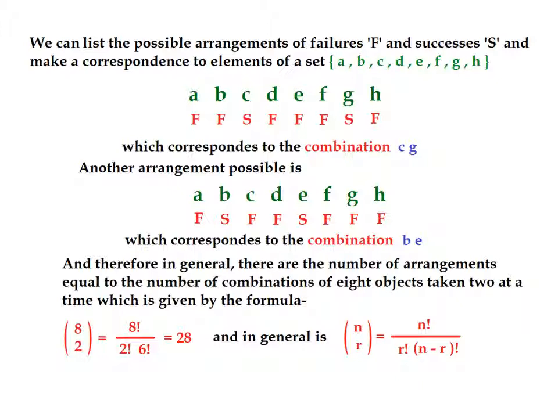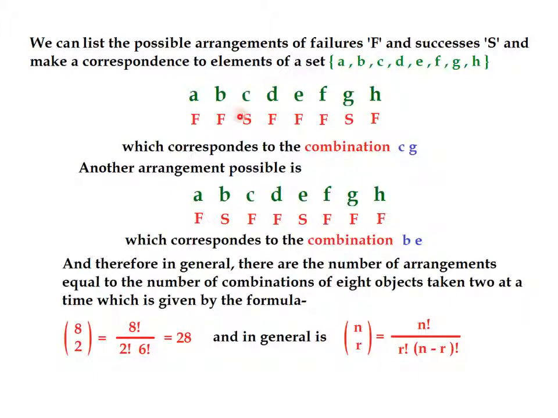All right, to make the analysis understandable, we're going to set up a correspondence between a set of objects. I chose the letters A through H, 8 of them, and the arrangement of failures and successes, what we just looked at.